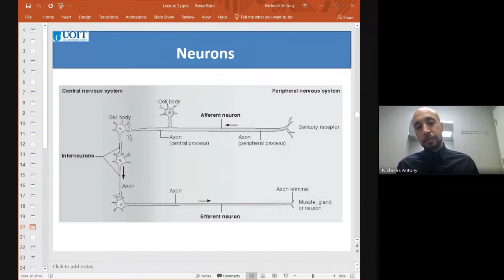Here we have a diagram: interneurons are those between the sensory and motor neurons. If we have one sensory neuron and 10 motor neurons, we would have 200,000 interneurons just relaying information back and forth. They help with reflexes, coordination, and neuromodulation, all of the different processes that can be done automatically that take away from the processing required from our brain.